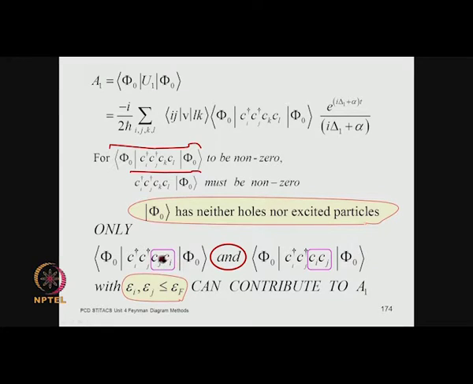If you are creating 2 electrons in the states i and j, you have to destroy them first, but you can destroy them in the order c_j c_i or in the order c_i c_j, it does not matter.